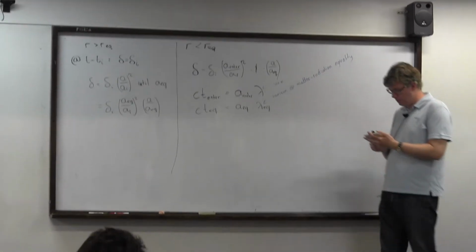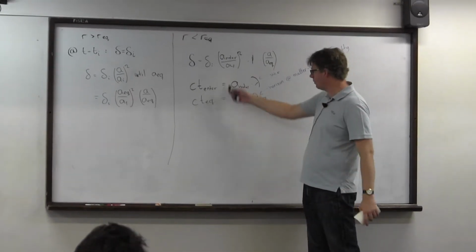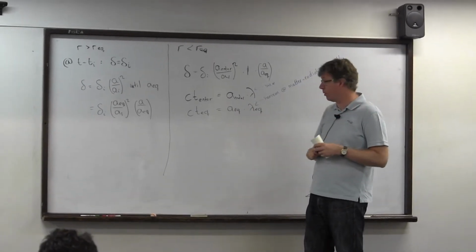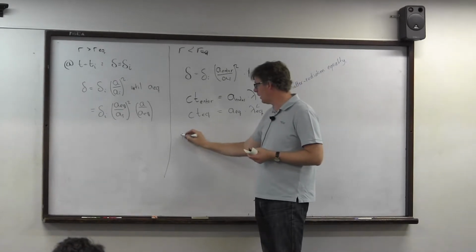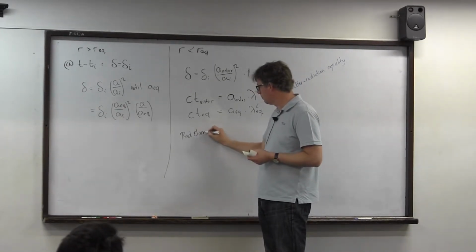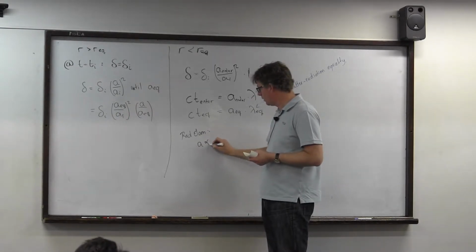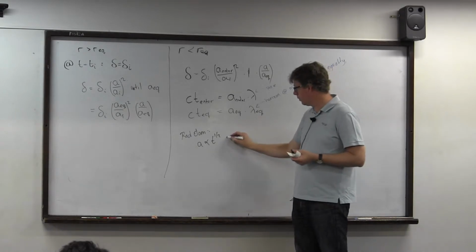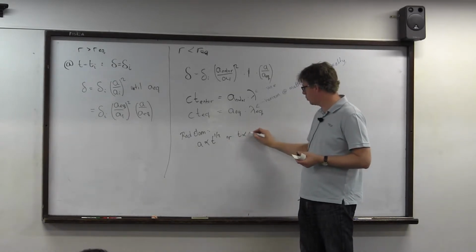Okay, so I would like to make some sense of this. And to do that, we go back to the first problem set. So in the first problem set, we showed that in radiation dominated, A is proportional to T to a half, or T is proportional to A squared.